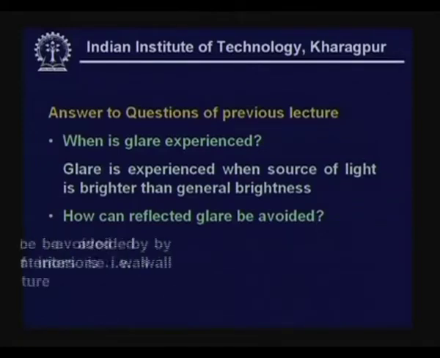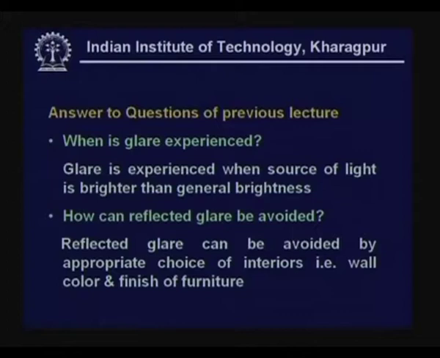Reflected glare can be avoided by appropriate choice of interiors, that is, wall color and finish of furniture, and by a choice of appropriate reflectances for all these sources of reflection.